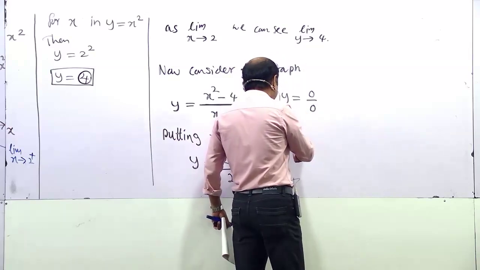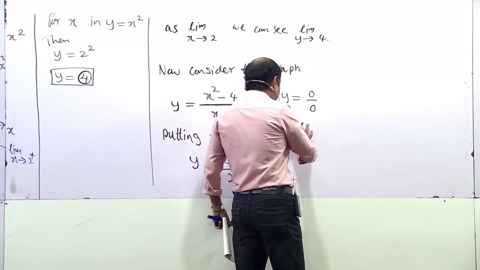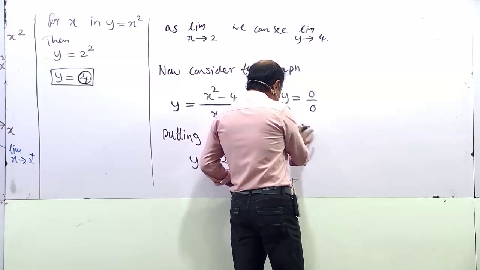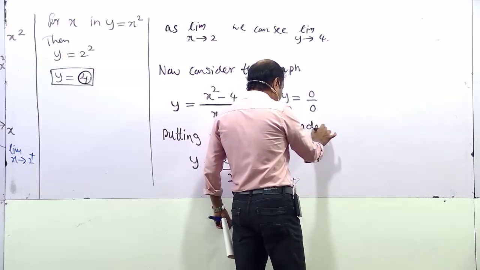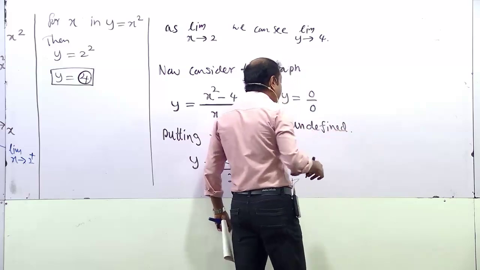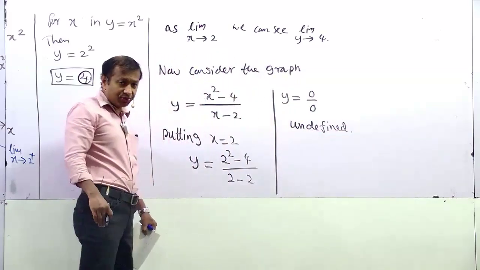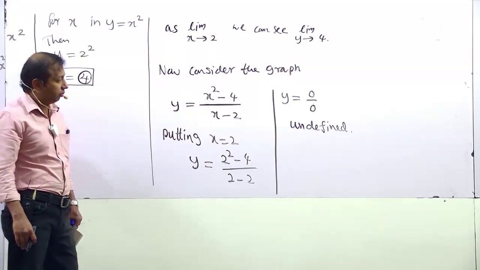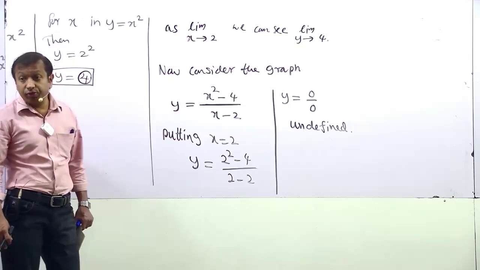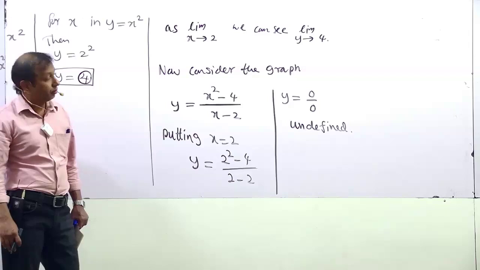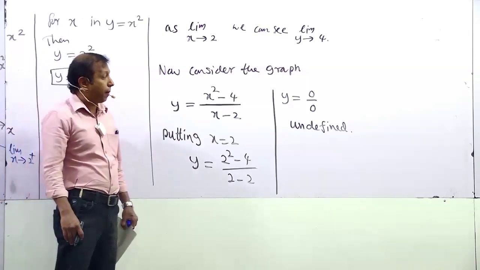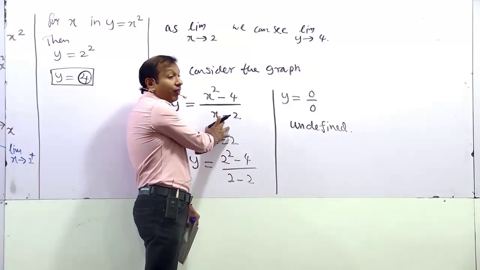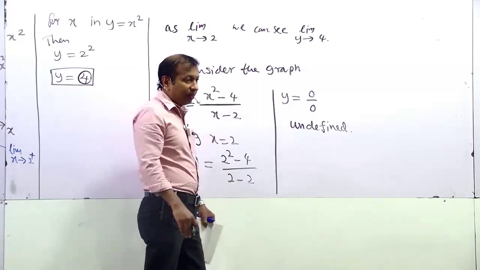Undefined. Nobody can give an answer for this. Or indeterminate form. There are 7 indeterminate forms. But the graph has a height there.